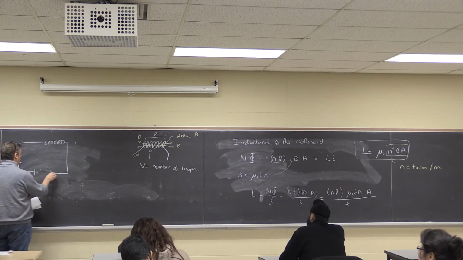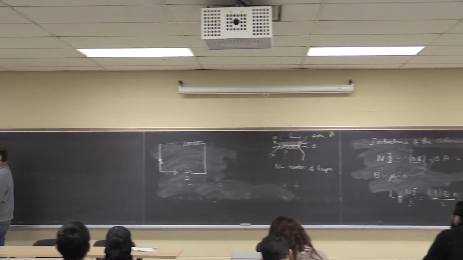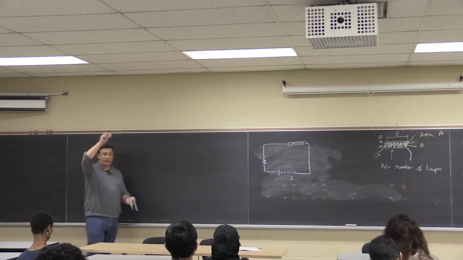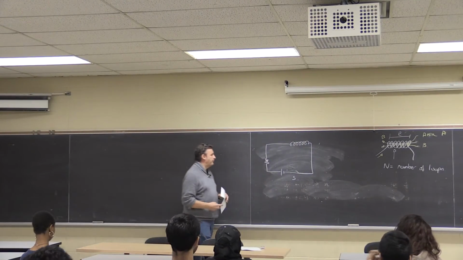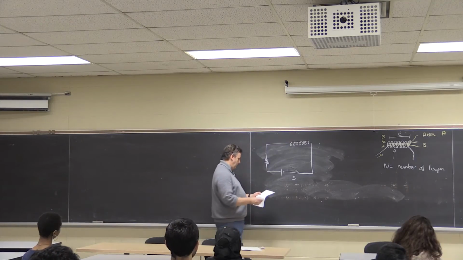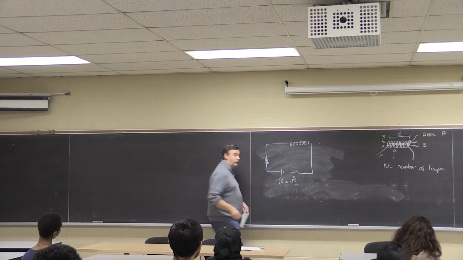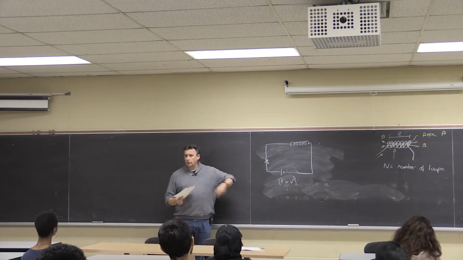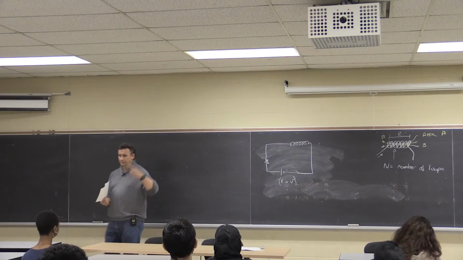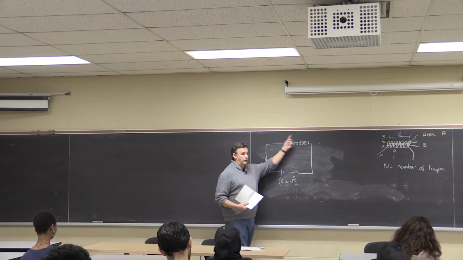Well, I could argue that at the time I close the switch, or just before, there's no current flowing. So I equals 0 because the circuit is not switched on. I could imagine after a long period of time, end of the lecture, you've waited for an hour, I would have a constant current flowing through this.